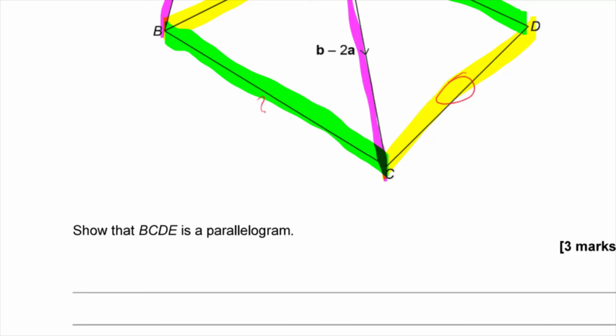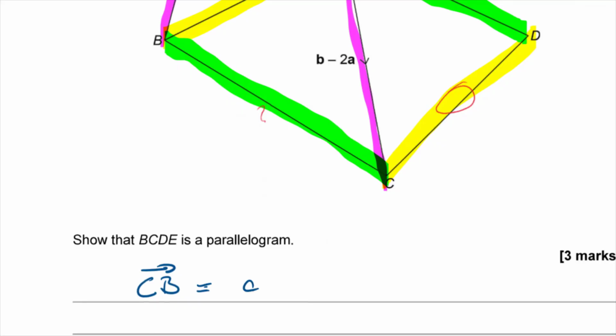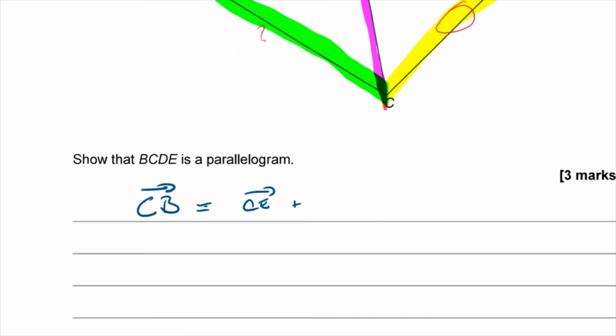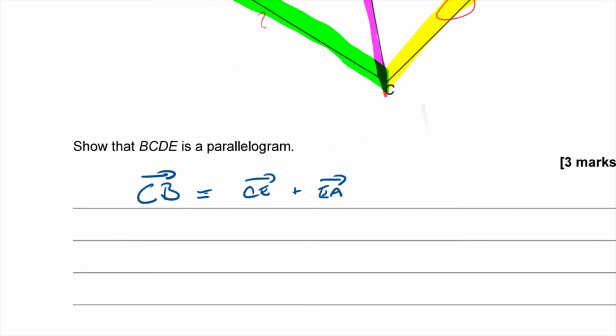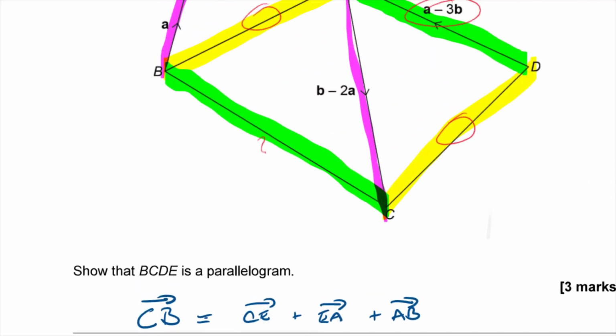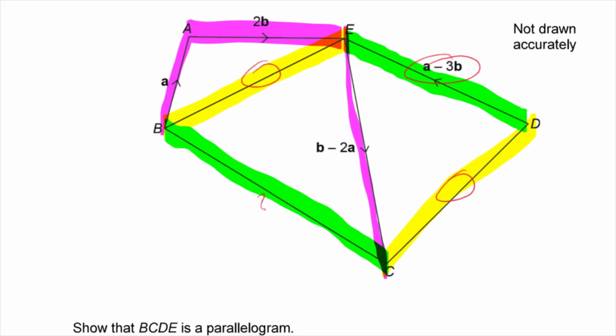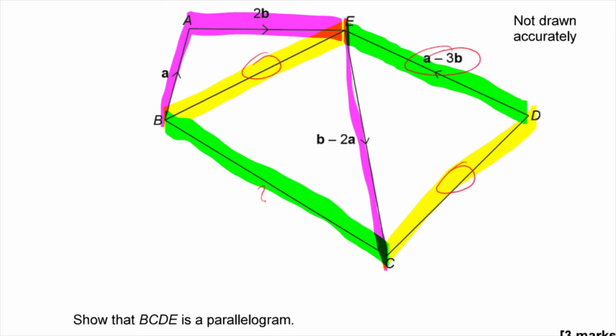Let's find vector C to B. C to B is C to E plus E to A plus A to B. That's the route. Now using the vectors A and B that have been given, C to E is against that arrow, so it's going to be the opposite of that, isn't it?